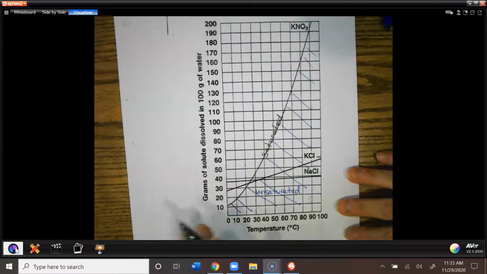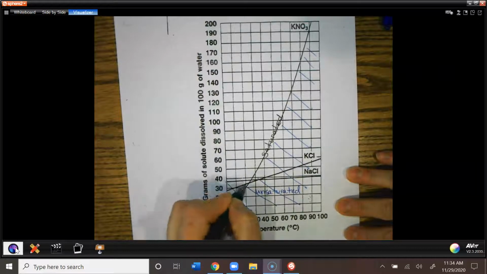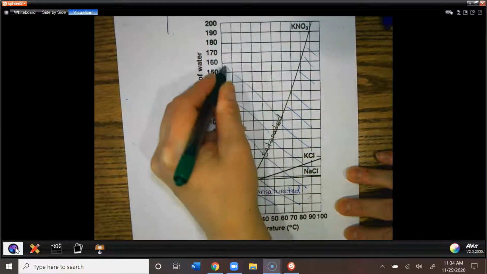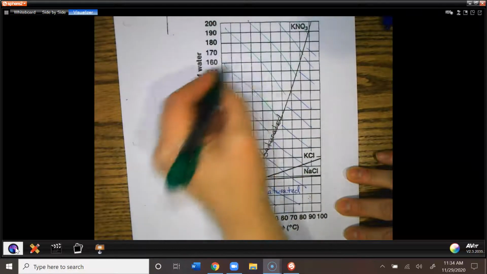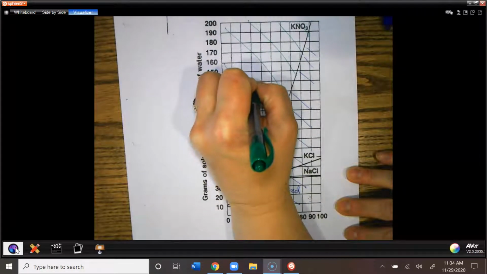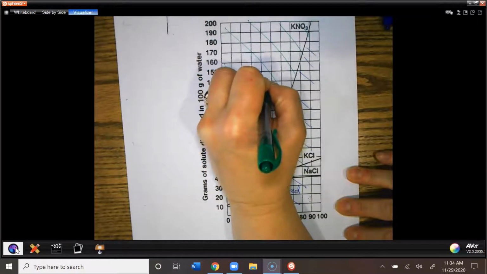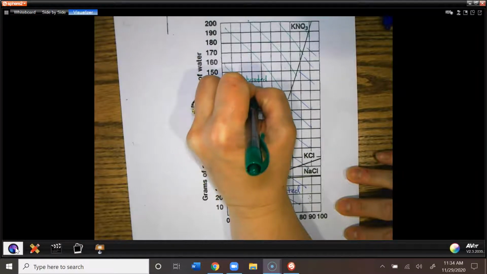Above the line, now we're going to do two different things above the line. Most of the time, if you are above the line of saturation, what you have is a saturated solution with excess solid.